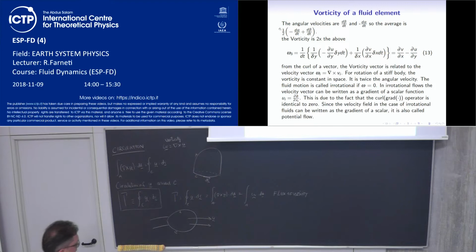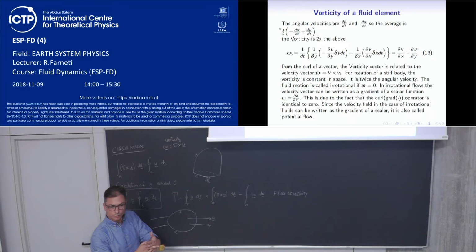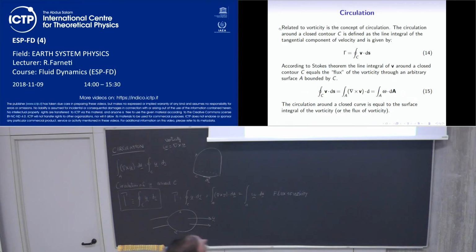So if for some reason you cannot measure the flux of vorticity, you can integrate the vector field along the bounding contour, and that is equal to the flux of the vorticity. Or the other way around. So that's circulation: the circulation of u around the closed curve C is equal to the surface integral of the vorticity, or in other words, the flux of vorticity.